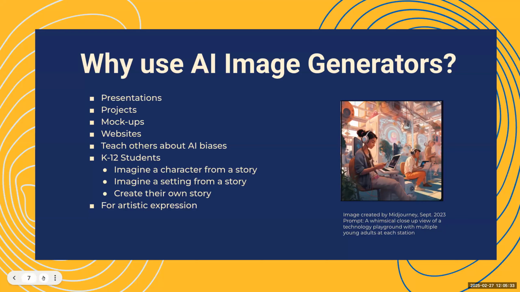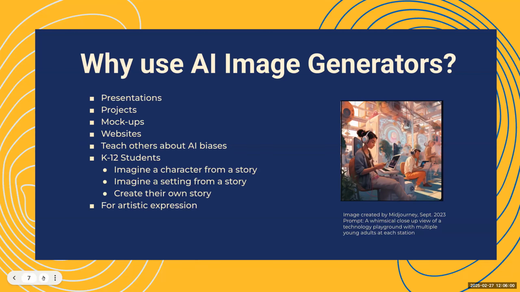That one was a little bit whimsical, but there are other types of images that can be created. So you might ask, why would someone use an AI image generator? Well, I can tell you about some of what we've heard and how we use it. Presentations, I have them in this presentation. I am terrible at Google searching for images and then figuring out if they have copyright associated with them or not.